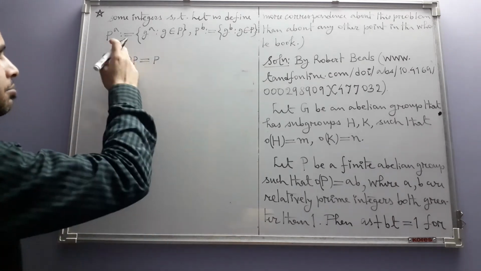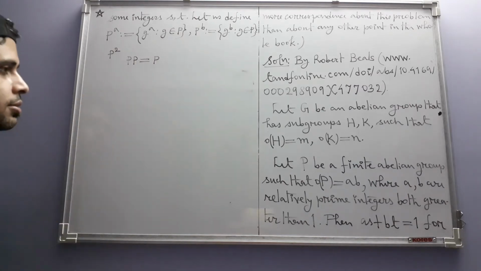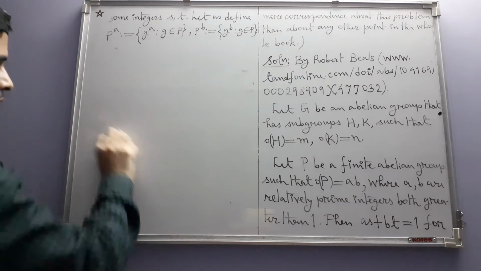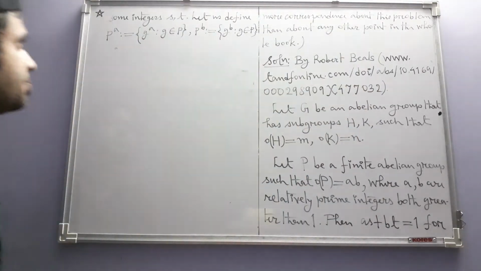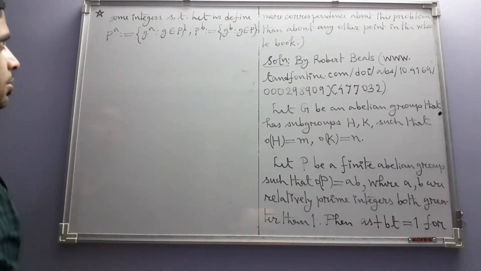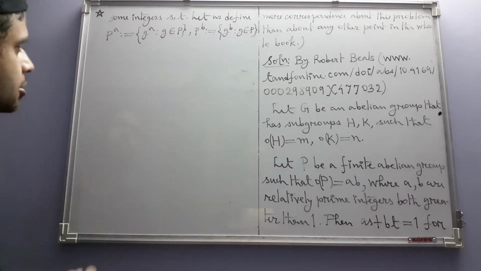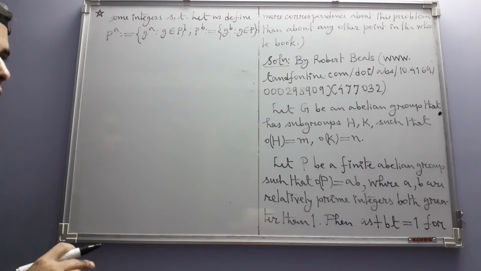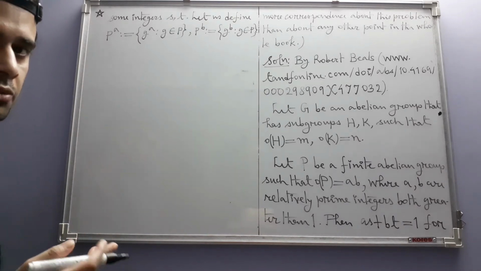In this solution, P_A and P_B mean these things, and it's not my notation, it's Robert Bills' notation, so I can't do anything. Anyway, so these are two sets. Now our first job is to show that they are subgroups of P.